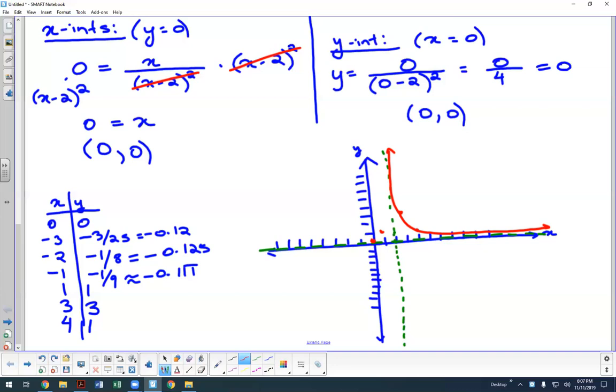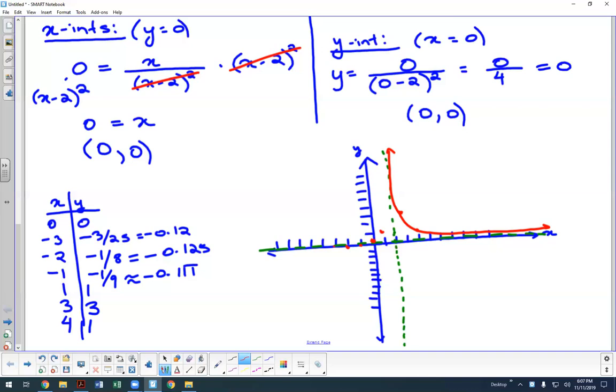Okay, on the left-hand side, let's start by plotting our negative numbers now. So at negative 1, we're at negative 0.11, which literally will be just a hair underneath the x-axis. Then I actually fall a little bit lower because at negative 2, I'm at negative 0.125. So it's actually going to be halfway between a quarter and the 0 on the negative side. Just a little bit lower, and this one's not really letting me do a lot of finer details.